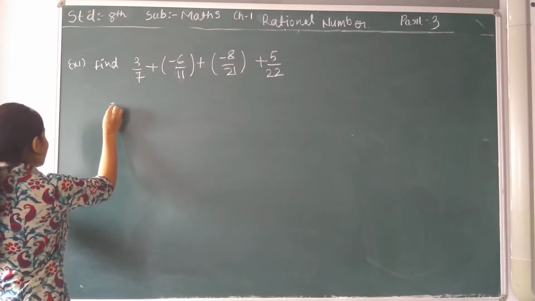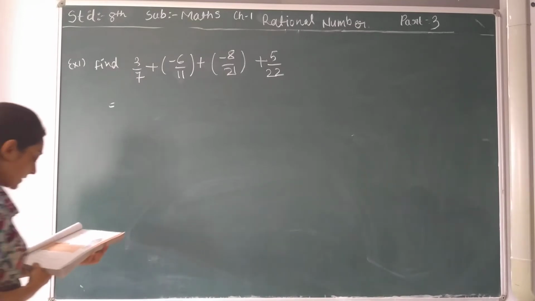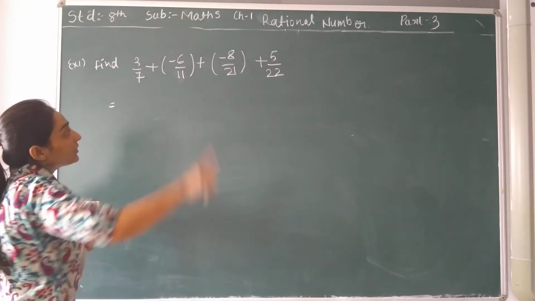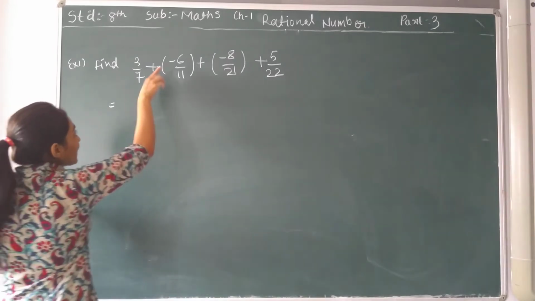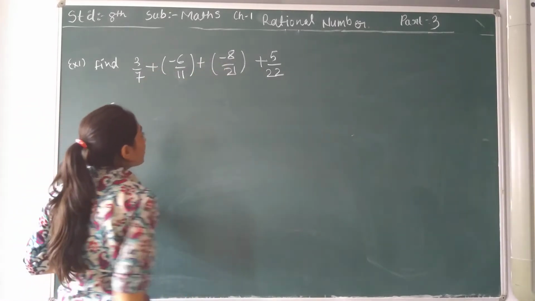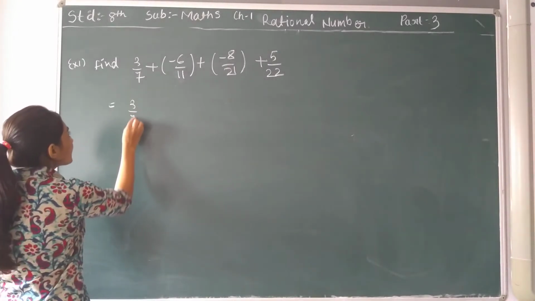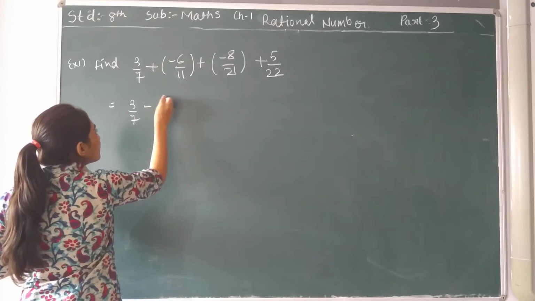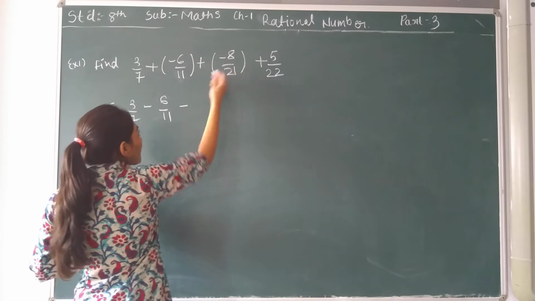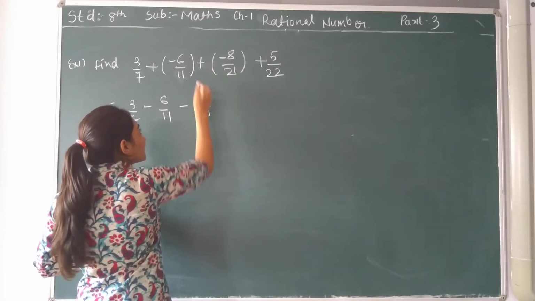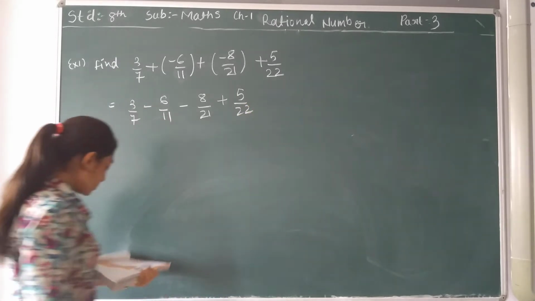Now look at over here. All the denominators are not the same, so we have to take the LCM. First, just remove this sign so we don't get confused. So 3/7 plus minus 6/11, minus 8/21, plus 5/22.